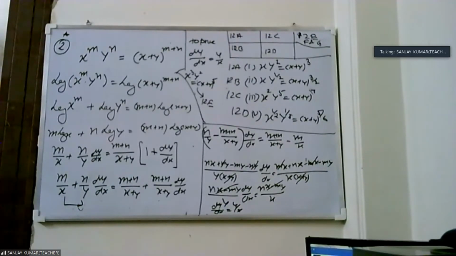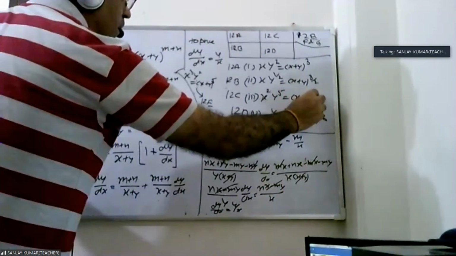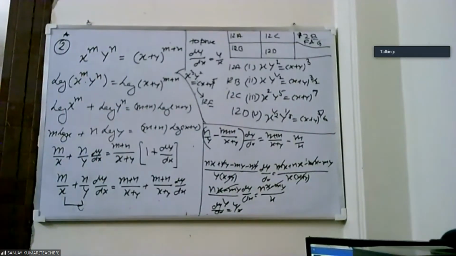In 12C, we have x to y, x plus y to the power 7. This is the 12C question, that is 7. Okay, now the turn for 12th A. Reply, 12th A class. The time starts.